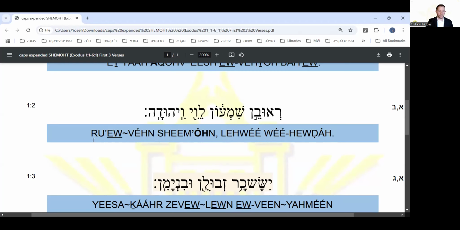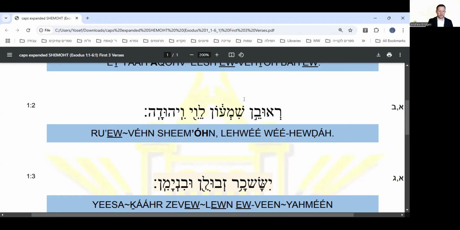One more time, a little bit more of a faster pace. Reuven, Shim'on, Lewi, Yehudah. In the Hebrew, Reuven, Shim'on, Lewi, Yehudah. One more time, pronouncing each word twice.